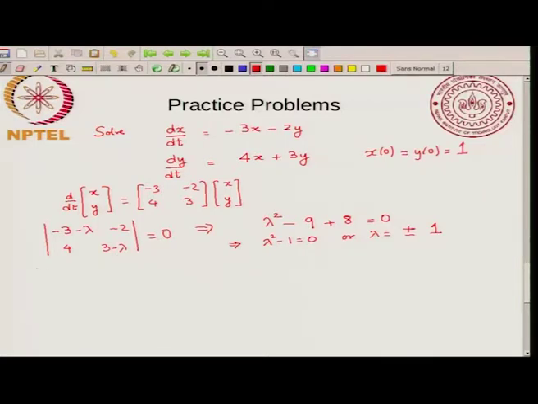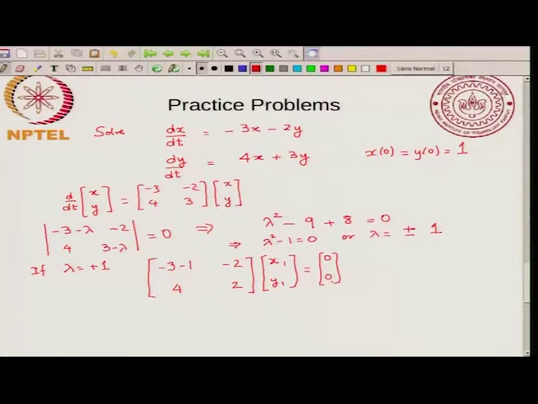Okay. Now, if lambda equal to plus 1, okay, then to solve for the eigenvectors we have to use the condition. So, the matrix minus 3 minus 1, minus 2, 4, 3 minus 1, now 3 minus 1 is 2, this times x1 y1 equal to 0 0.